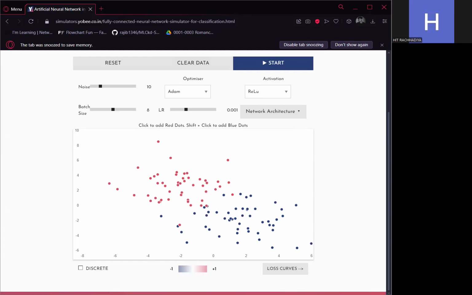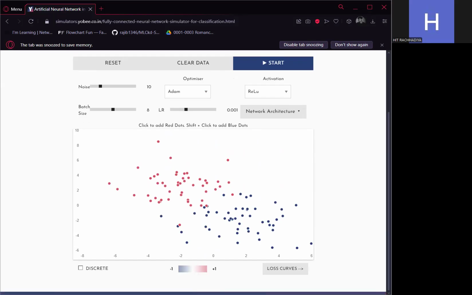It is a type of neural network where each neuron in one layer is connected to every neuron in the next layer. So it can be the fully connected artificial neural network, and it can be used for regression and classification both, as we are saying that we are doing for both.